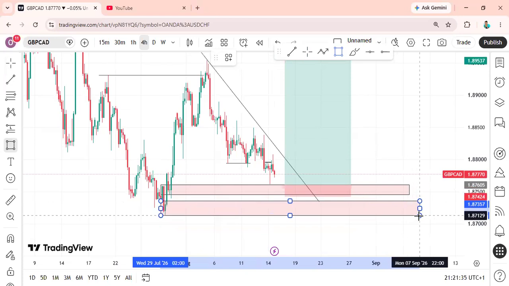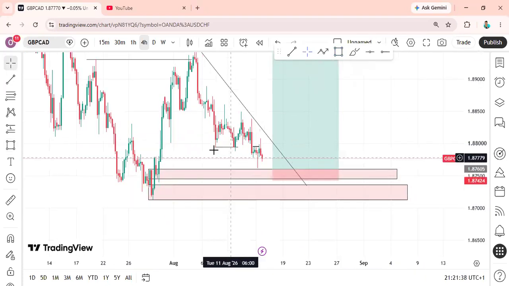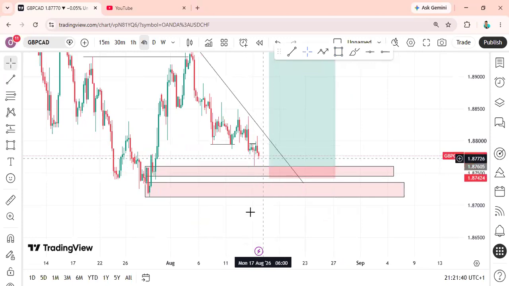Okay, that the market is going to be buying from. Anything that makes this GBP card, anything that makes the market to violate below this low, then we expect further sell to the downside.